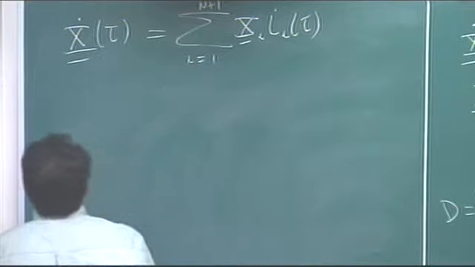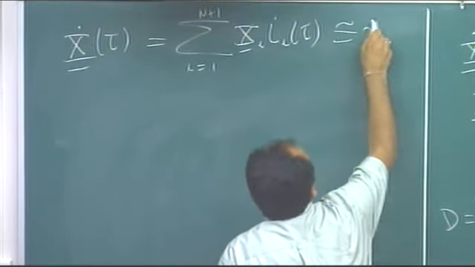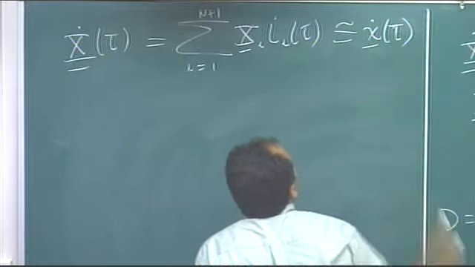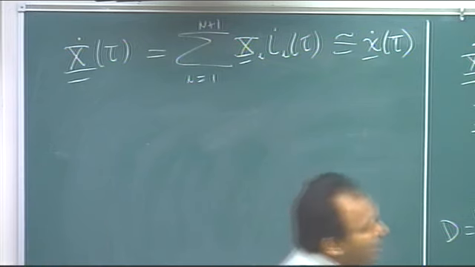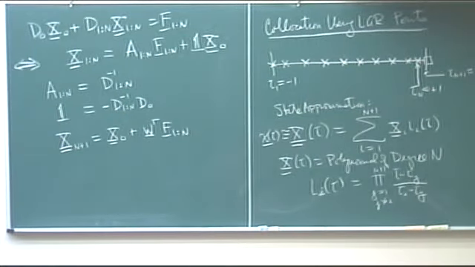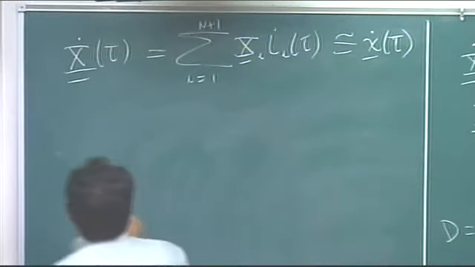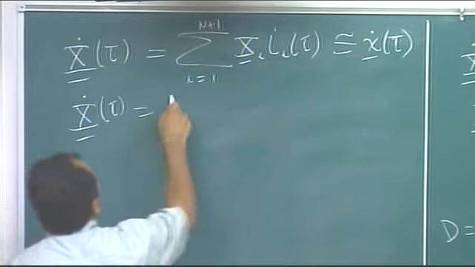And of course, we know that this is approximately the derivative of the state. Now, if you look at this, you see that if that polynomial over there is of degree n, then when I differentiate a polynomial of degree n, I get a polynomial of degree n minus 1, just like I did for Gauss.